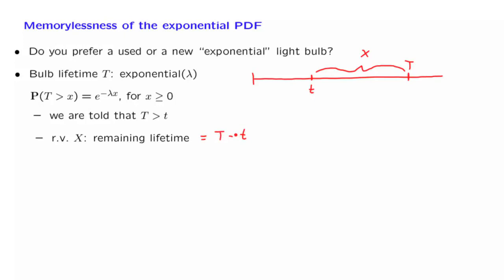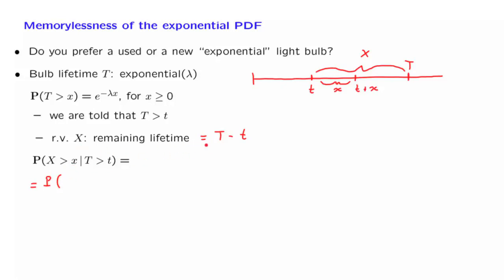Let us now calculate the probability that the light bulb lasts for another little x time units. That is, that this random variable capital X is at least as large as some little x. That is, that the light bulb remains alive until time t plus x. We use the definition of conditional probabilities to write this expression as the probability that capital X is bigger than little x.